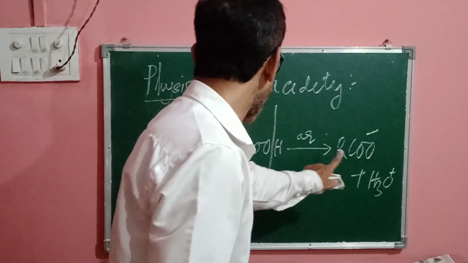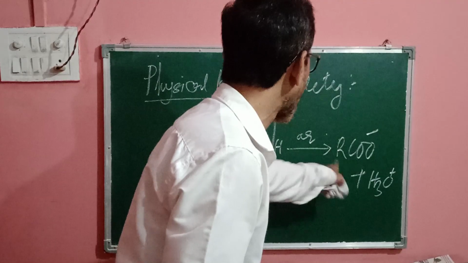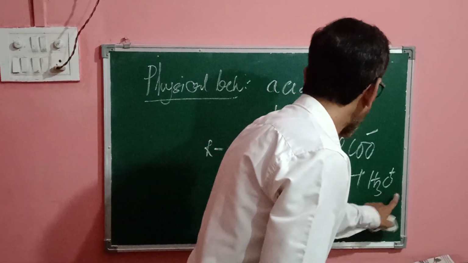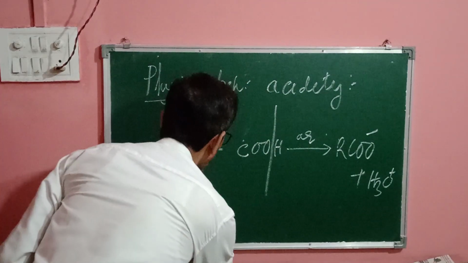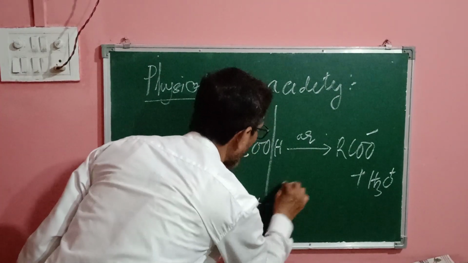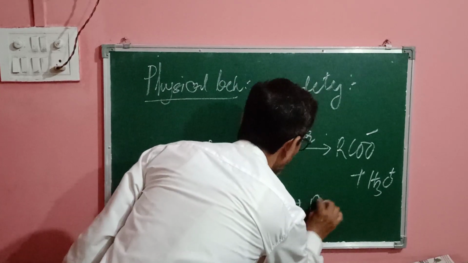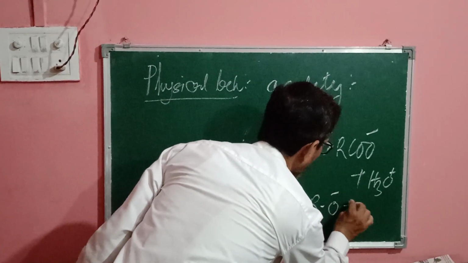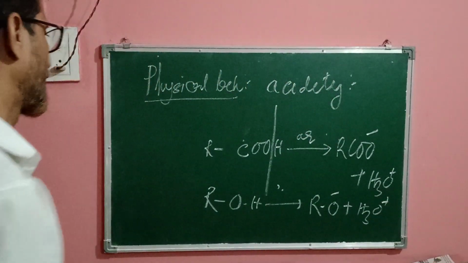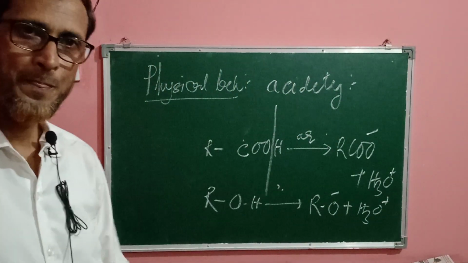So this is acidic because RCOOH becomes RCOO negative plus H3O positive. If you compare alcohol, here also the same thing occurs. It gives alkoxide anion and this. So both are acid.